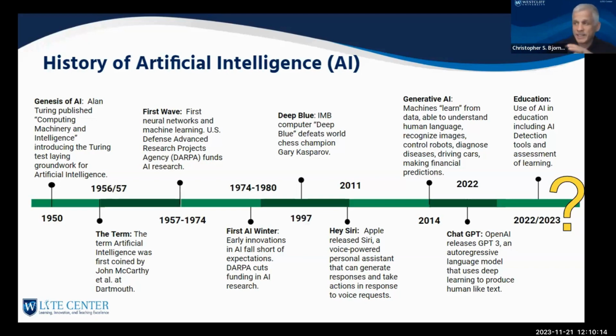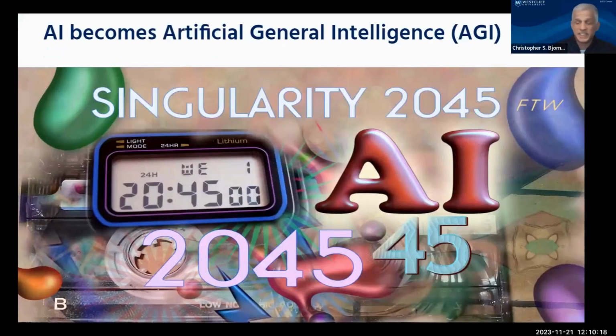And one thing I thought was an interesting thing to look at here is this notion of the singularity. You may have heard of this idea where our current AI becomes artificial general intelligence.